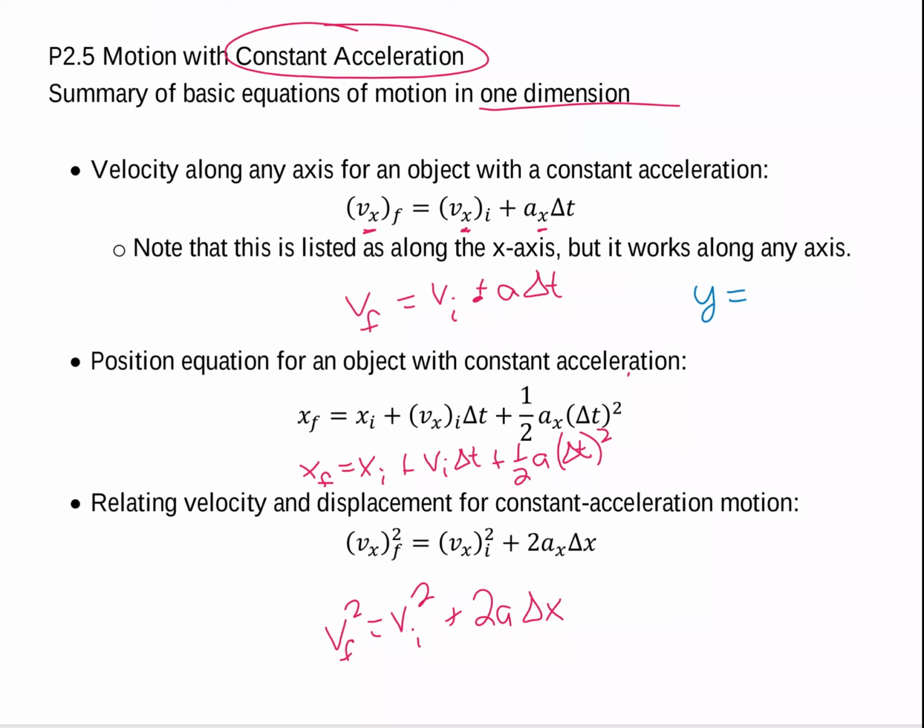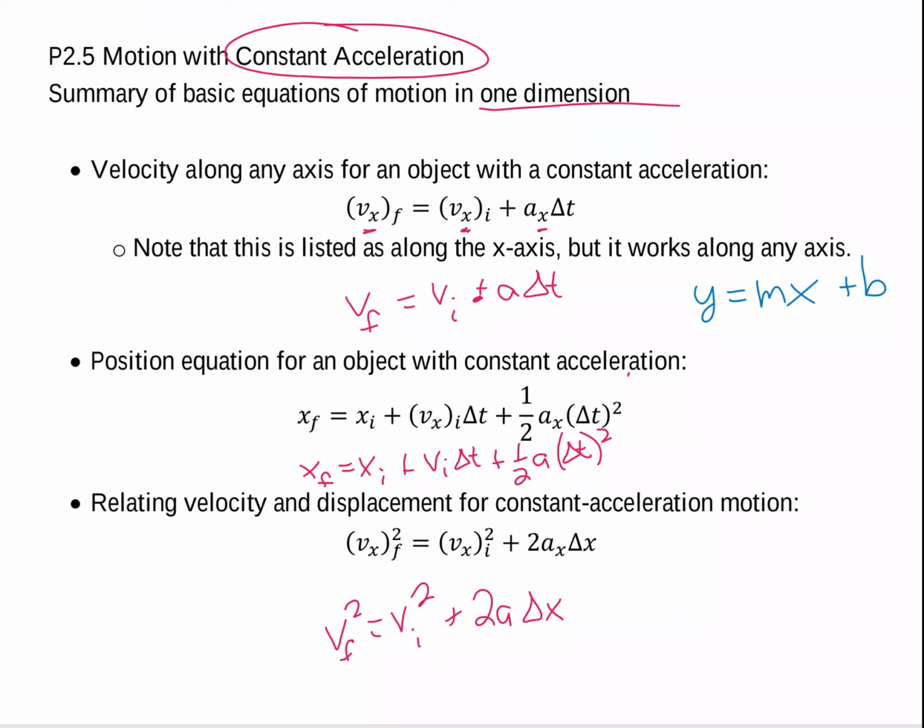Velocity initial is like your y-intercept of your linear equation. So that's just your b. And then a is your rate of change. That's your slope. And delta t is how long you're letting it go for, and that's your x. It's really just slope-intercept form, okay? That's exactly what we're dealing with here.